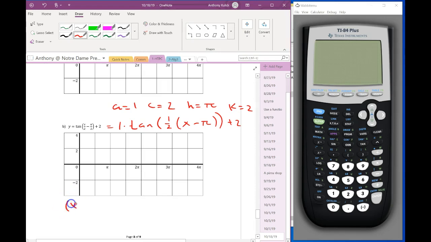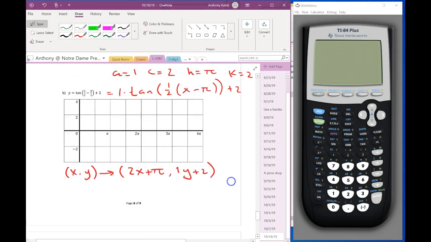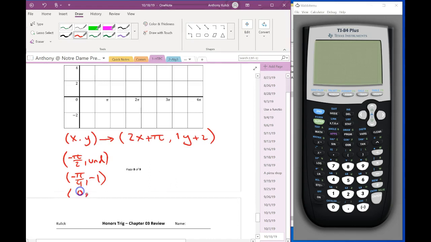So I'm going to use that to write my transformation map, which is Cx plus H, Ay plus K. I'm now going to use my reference points for tangent. Okay, so let's talk about how to find them.